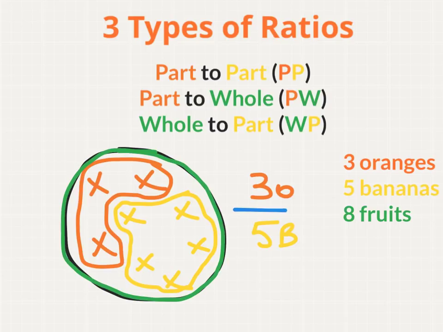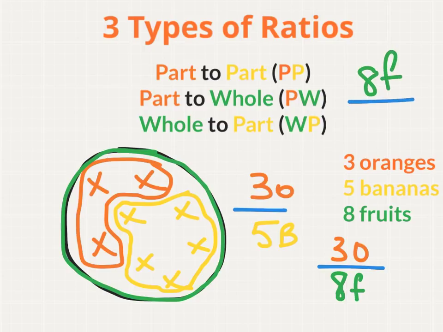So I could compare one part of what's in the bowl, say the oranges, 3 oranges, to all of what's in the bowl, the whole bowl, or all 8 pieces of fruit. 3 oranges to 8 fruits. Finally, I can also compare what's in the entire bowl to one part of what's in the bowl. So all 8 pieces of fruit could be compared in a ratio to one part of what's in the bowl. In this case, say the 5 bananas.